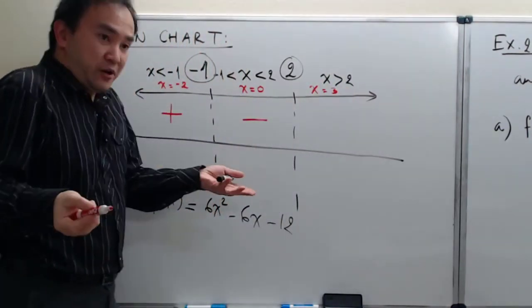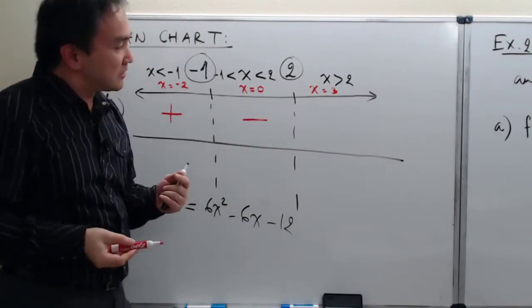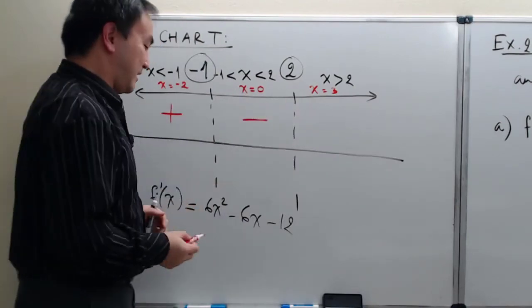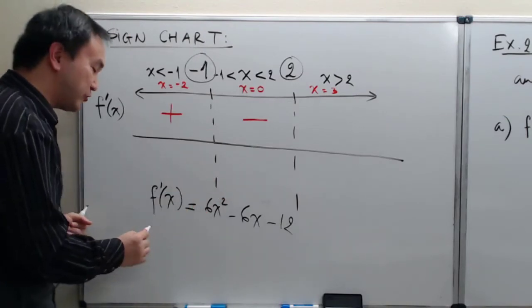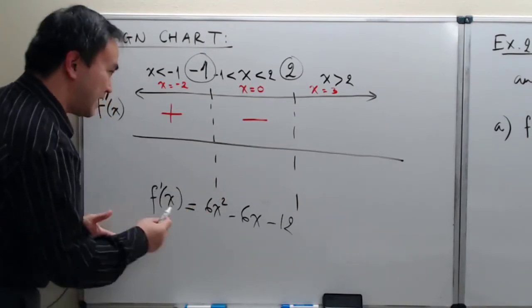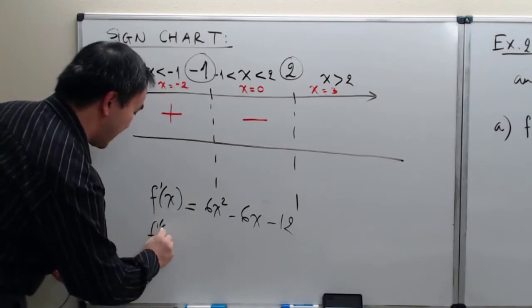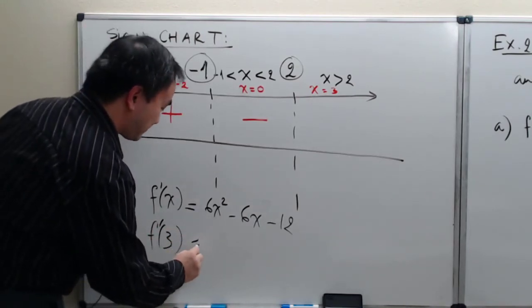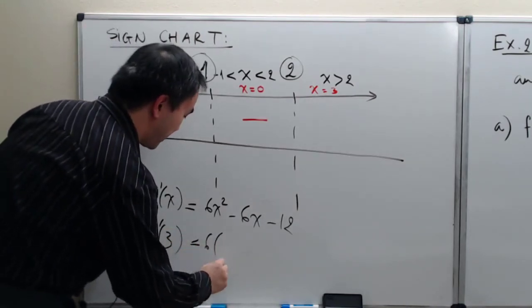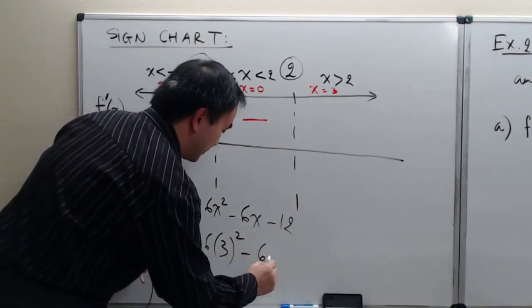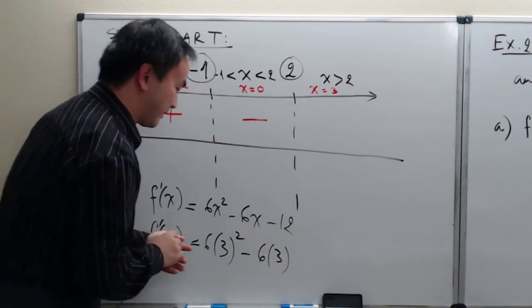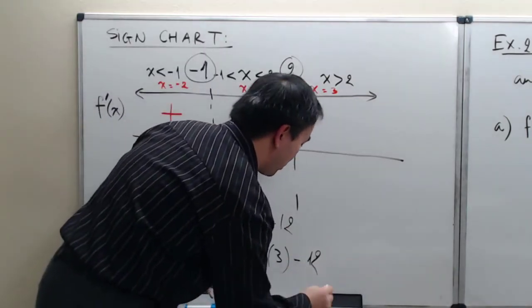Okay, that's my choice. That's just my choice. I invite you to do this independently, and you should be able to come up with the same sign that agrees with me. So that means now I'm going to find f prime at 3, which into my f prime, it's going to be 6 times 3 squared minus 6 times 3, okay, minus 12.